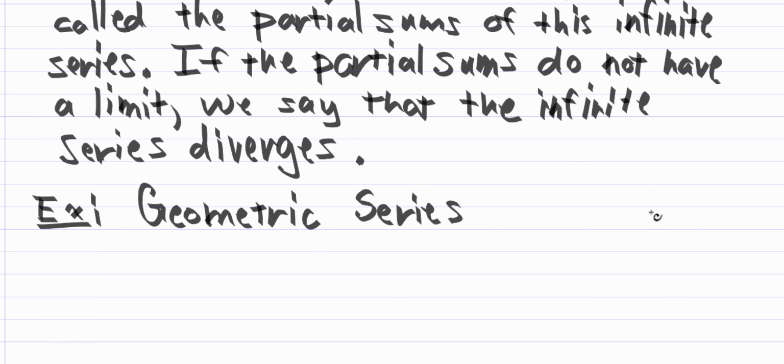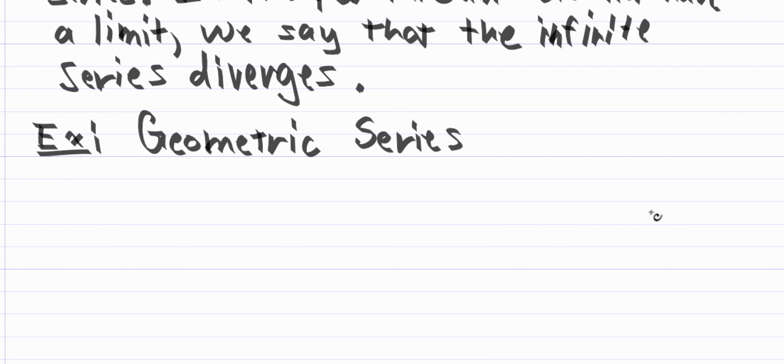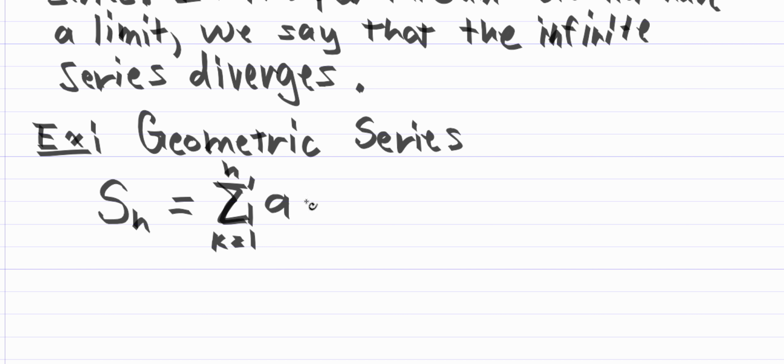And the reason these are so important is that we can actually calculate their limits when they are in fact convergent. So a geometric series, well, the partial sums, Sn, are of the form sum from k equals 1 to n, a times some real number r to the kth power.